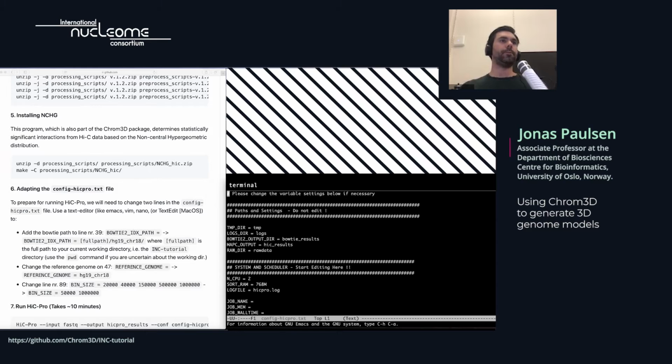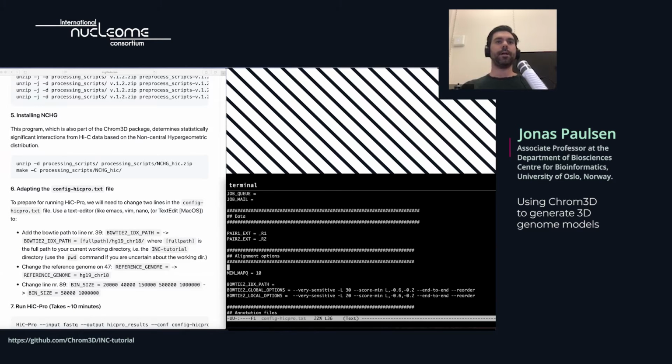And in the tutorial, it says that we should go to line number 39. I can see here which line I'm at. So at line 39, we are asked to provide the path for the Bowtie 2 indexes. So I'll paste in the full path of my working directory.